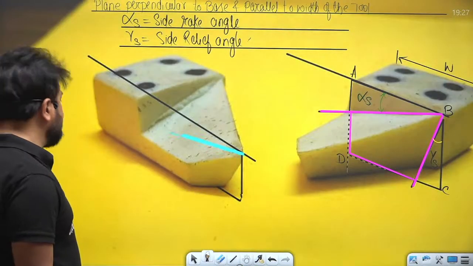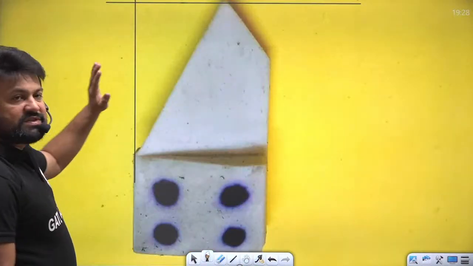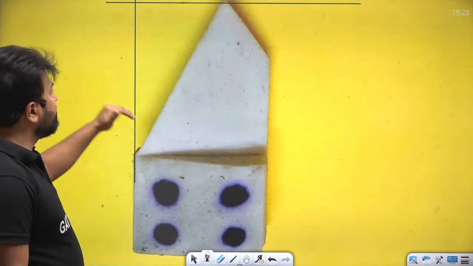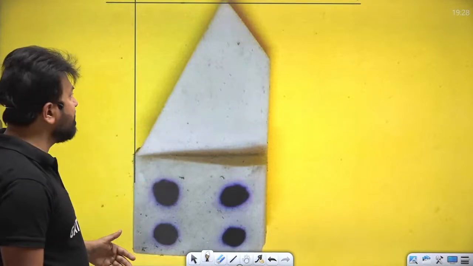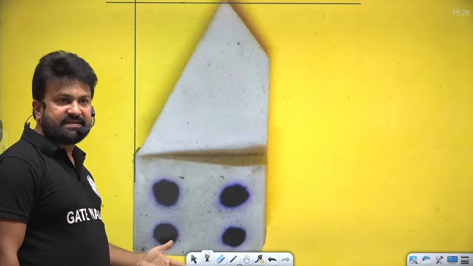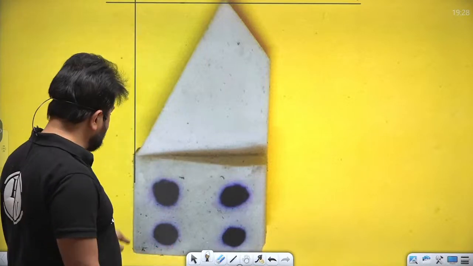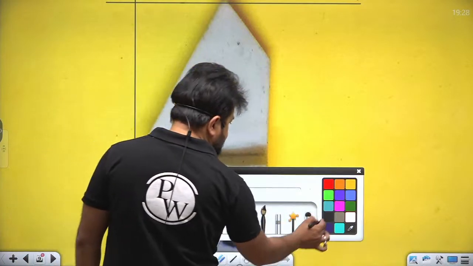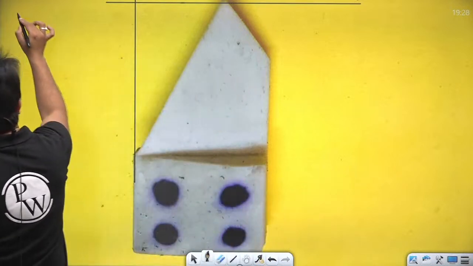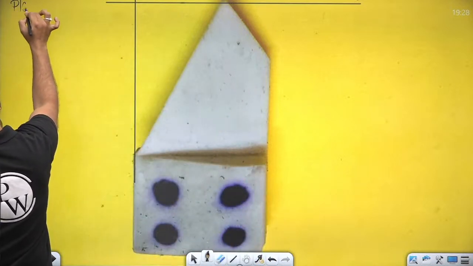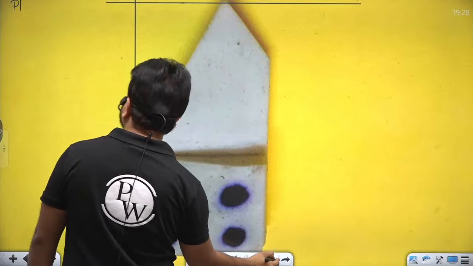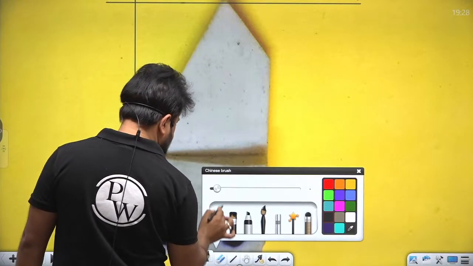Now the two more angles are when you see the tool in a plane parallel to base and along the length of the tool.